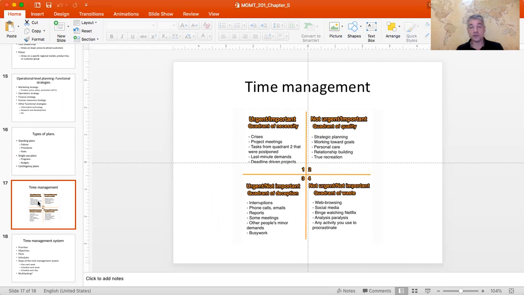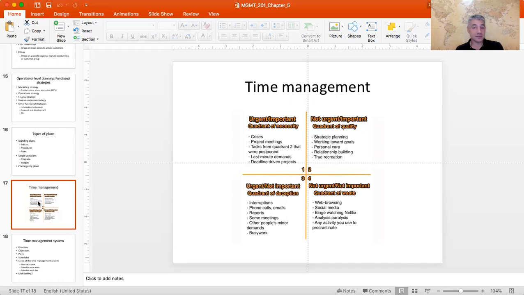And the big question for you as future managers is how exactly you manage your time. It turns out there is a very good approach that is very helpful if you stay true to what it suggests. You have to really divide your tasks based on their urgency and importance.